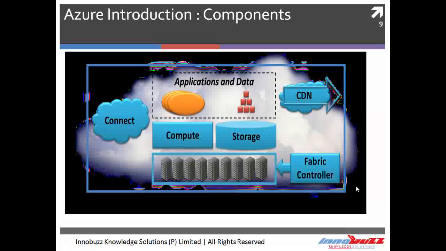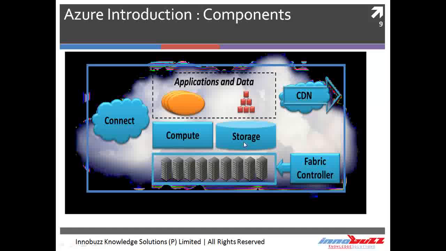What does connect mean? Connect allows creating IP level connections between on-premises computers and Windows Azure applications. Compute. The compute runs applications in the cloud. Those applications largely see a Windows Server environment, although the Windows Azure programming model is not exactly the same as the on-premises Windows Server model.